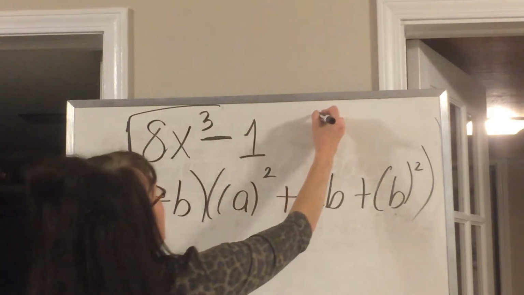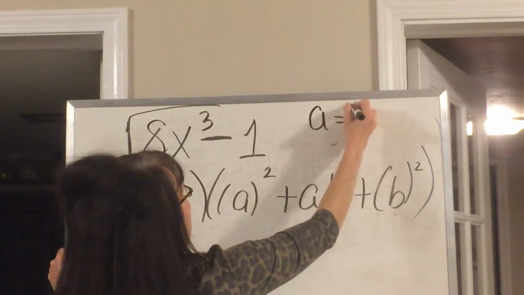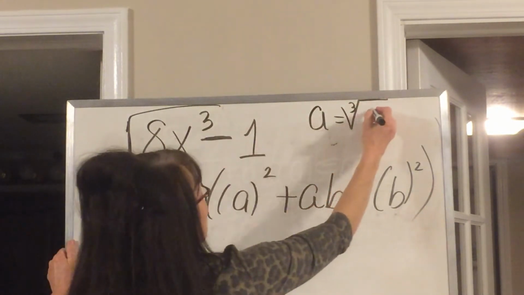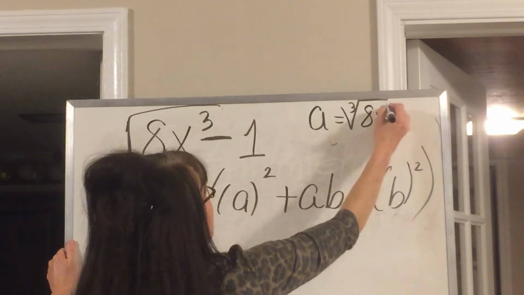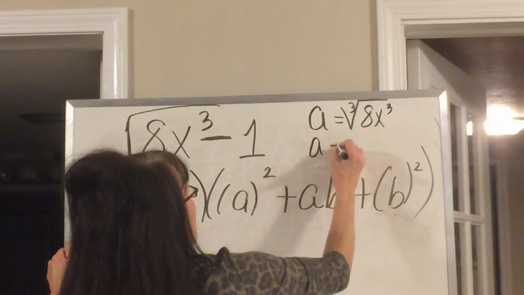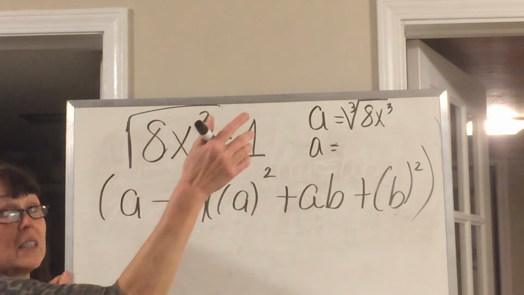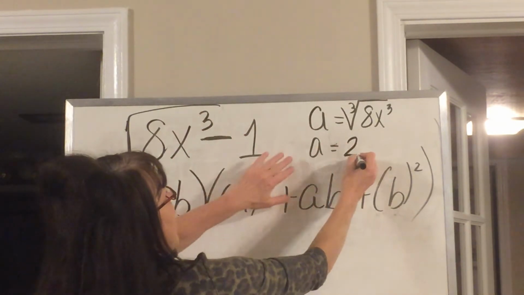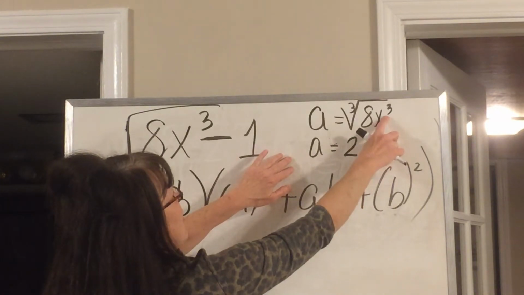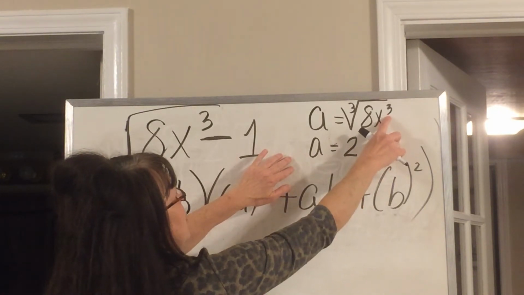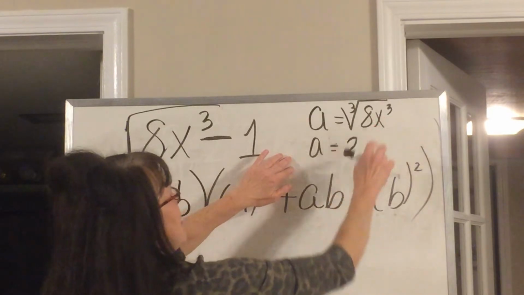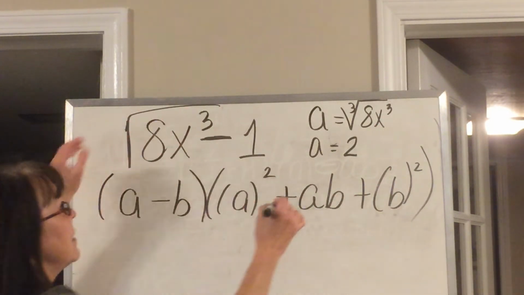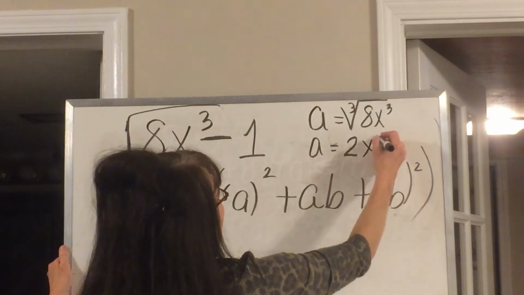A is the cube root of 8x to the third power. Do your math 4 to take the cube root of 8 and you get 2. And how do you take a cube root of x to the third? You divide those little numbers. So what is 3 divided by 3? You got it. X to the first power.